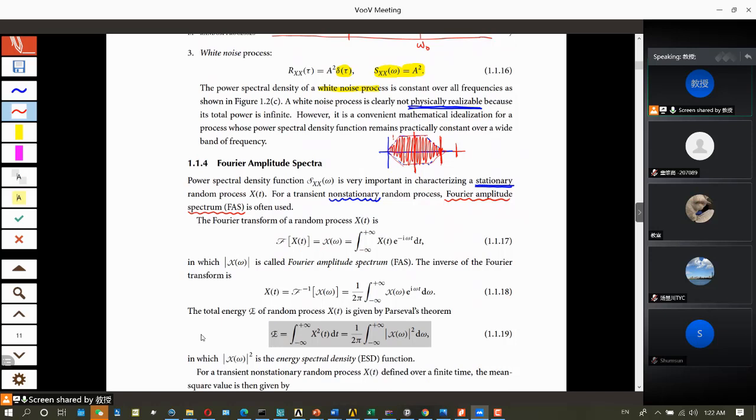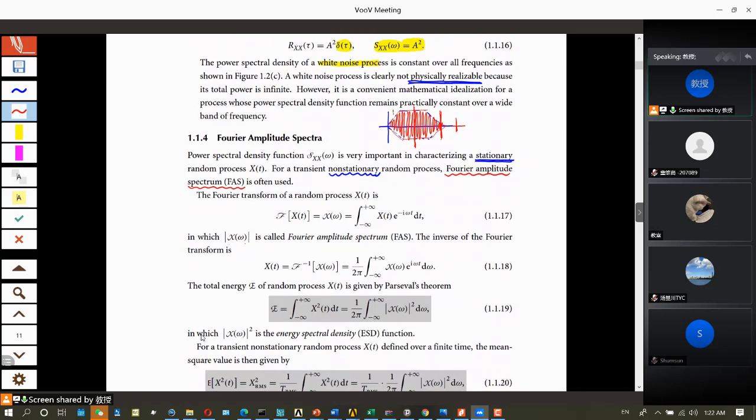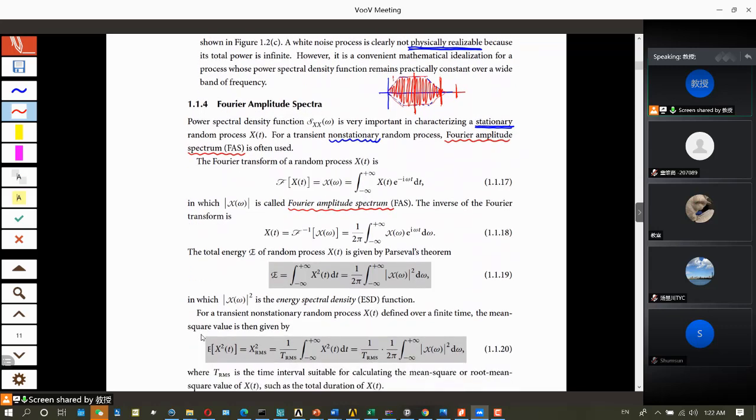We first find the Fourier transform of X. So this script X is the Fourier transform of the random process. And the absolute value of the Fourier transform is called Fourier amplitude spectrum.